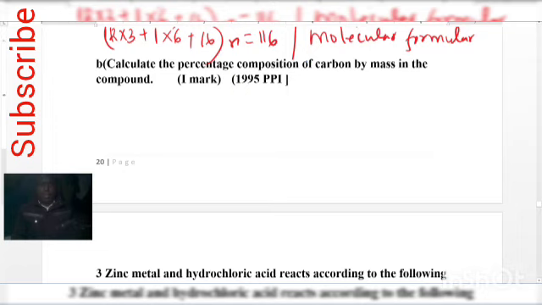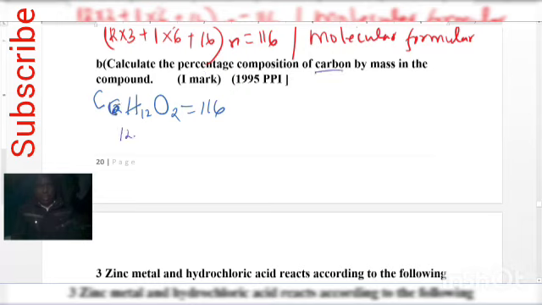Calculate the percentage composition of carbon by mass in the compound. The compound we have obtained is C6H12O2. When you add everything here, it will give us 116. So the total molecular mass is 116. But we want the percentage for carbon alone. Carbon atoms, there are 6 of them.